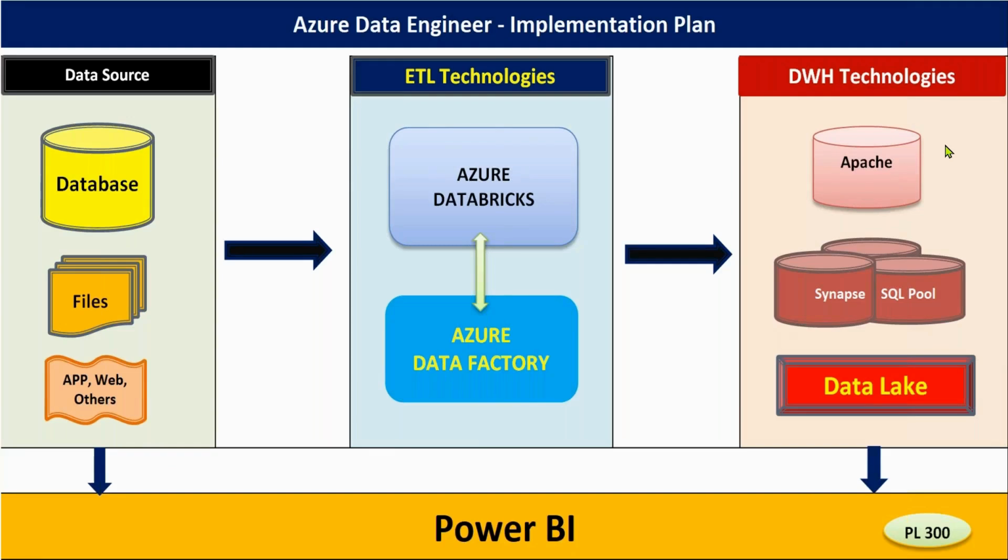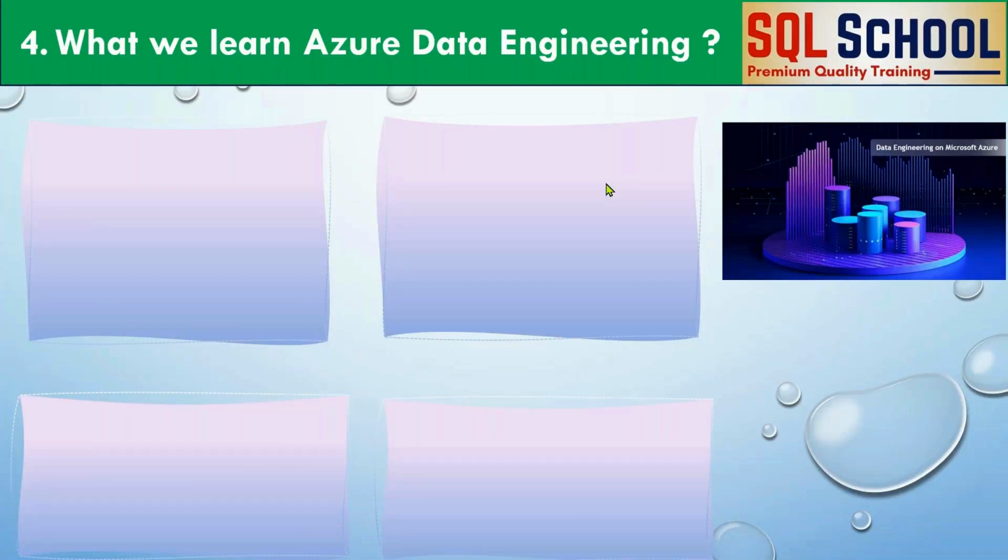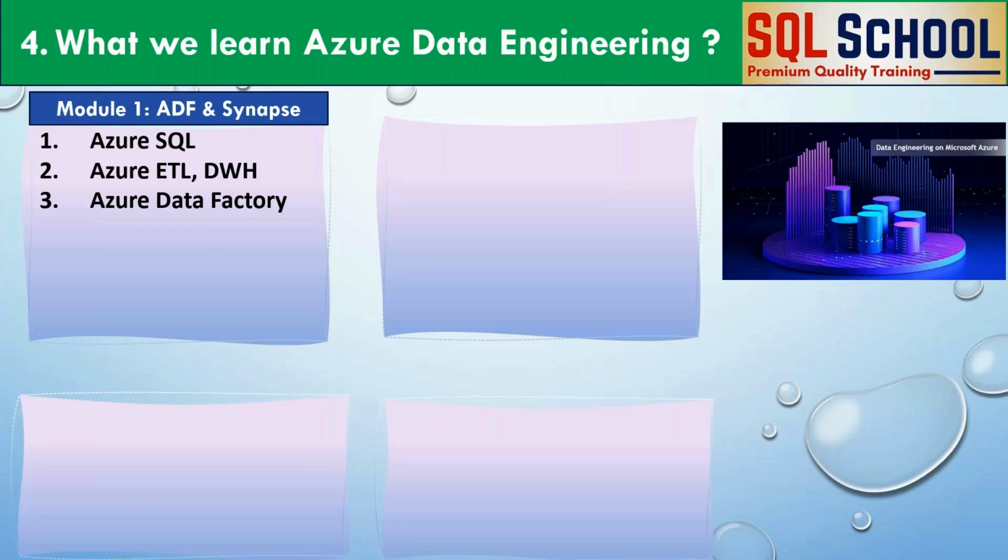So I divided the entire course into various modules. Module 1, Data Factory and Synapse, wherein we learn about pipelines and Git configurations.